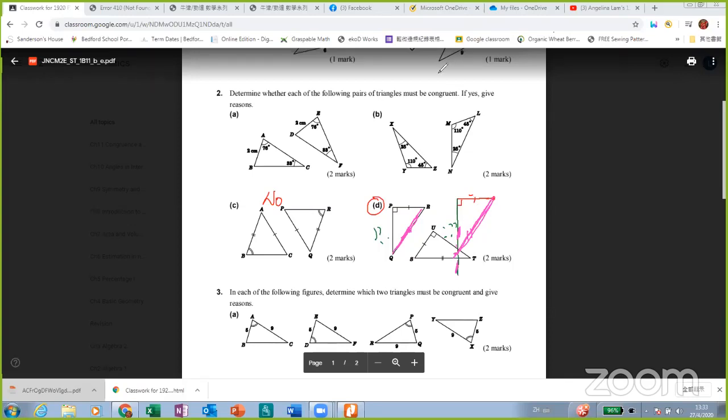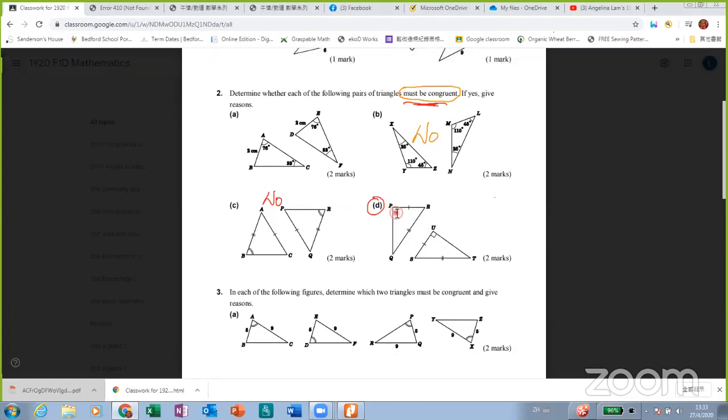Therefore in this case, for these two triangles, if I confirm this one is a right angle, if I confirm that these two lengths are the same, and I confirm these two lengths are also the same, therefore these two triangles must be the same size and same shape.